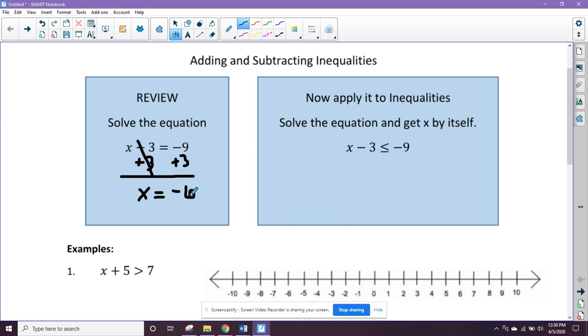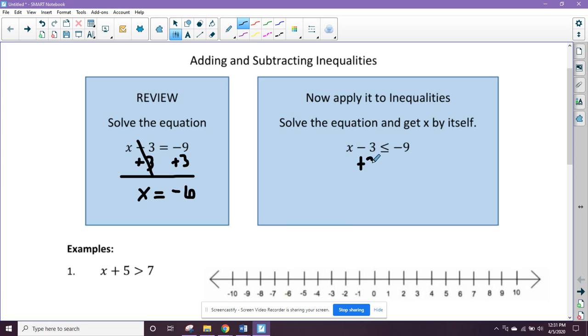So now we're just going to apply this same process to inequalities. So the only thing that changes is we have our lovely inequality symbol. So this symbol here, remember, is less than or equal to. So we have x minus 3 is less than or equal to negative 9. So the same thing, get x by itself, we're going to do the opposite.